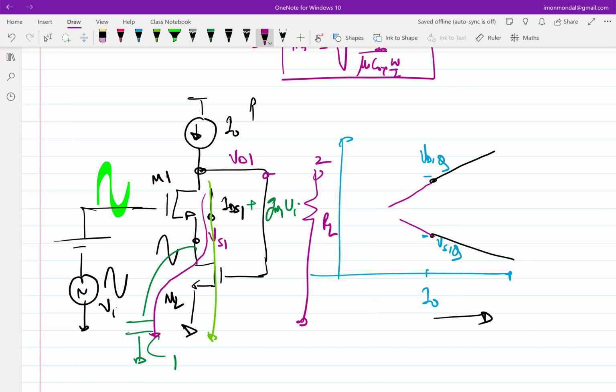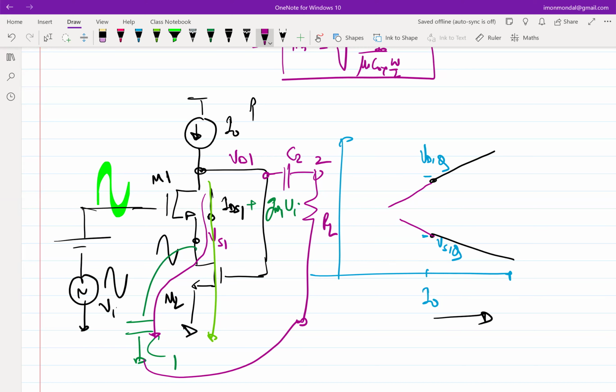Okay, so now if I connect the RL to the capacitor, right? Then you see this incremental current has a place to move through this output capacitor and RL and close the loop.